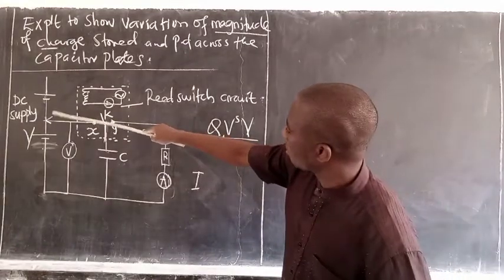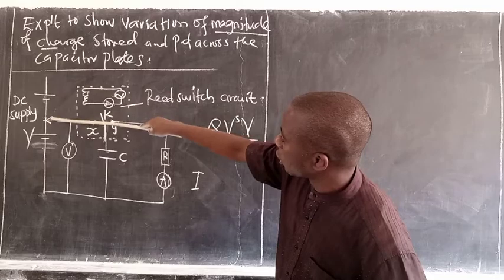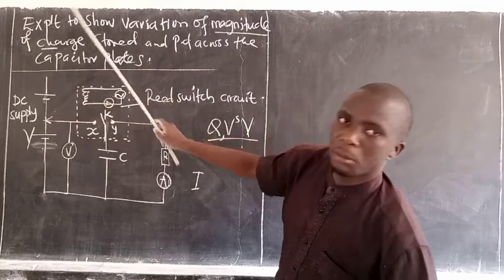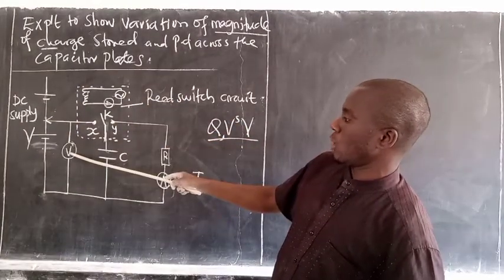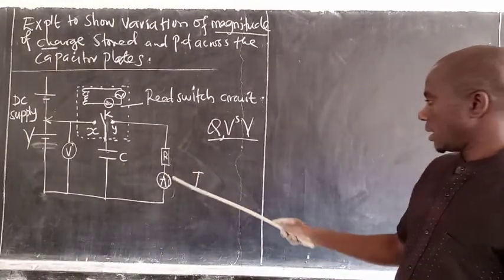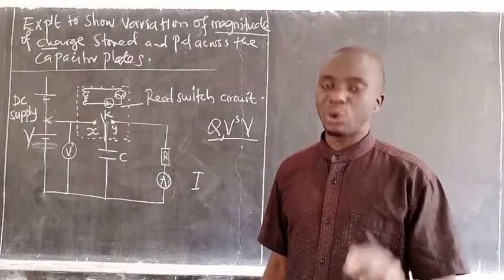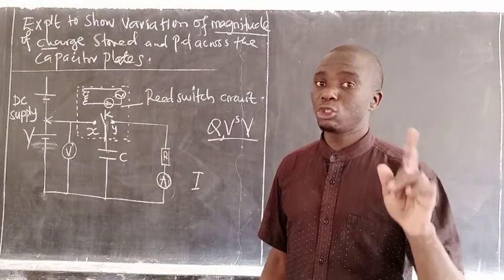You see, this one is a potential divider. It can be moved. That's why you have this arrow. It can be moved up or down. By doing so, you are changing this one. So when you increase that one, we are seeing the current increasing.